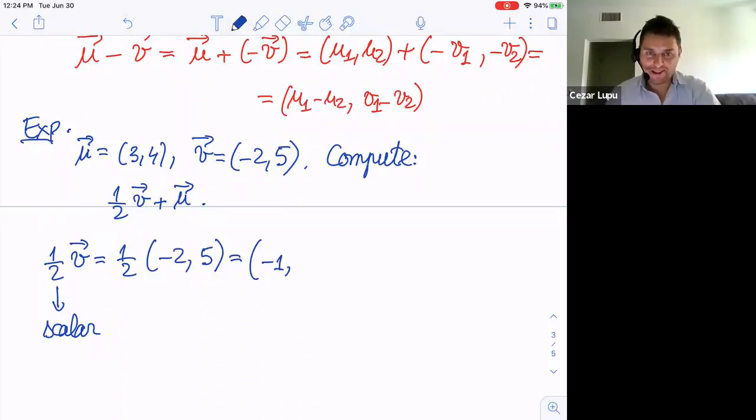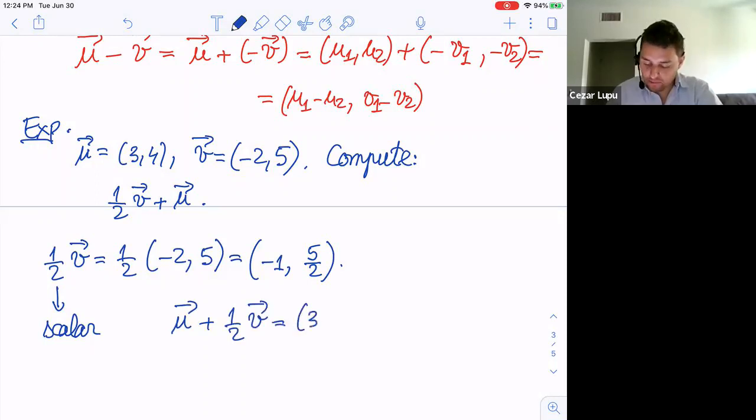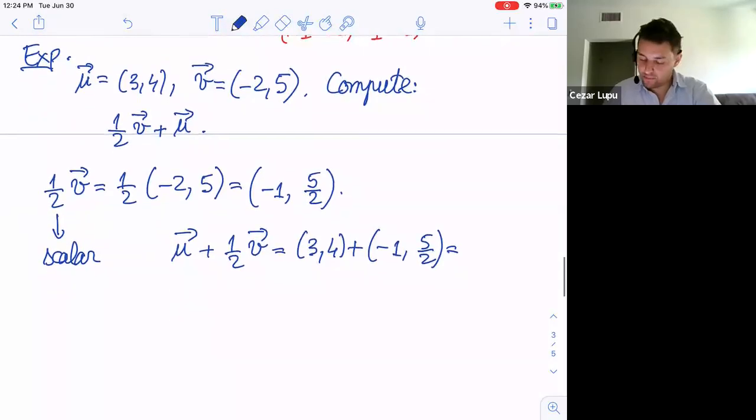You should sometimes leave them as fractions. So this will be 5/2, right? And now you can add. So u plus 1/2 v is (3, 4) plus the vector (-1, 5/2), and now you just use the addition of vectors that we have seen previously.